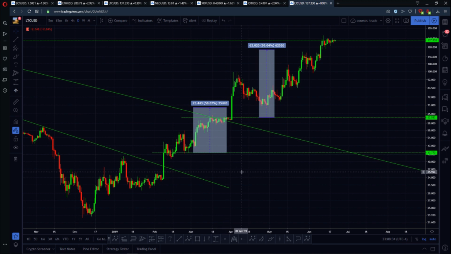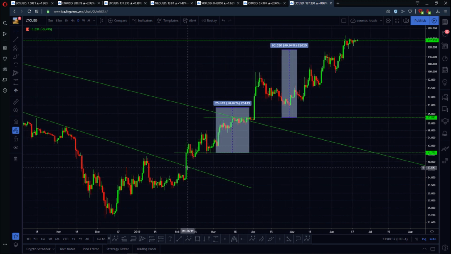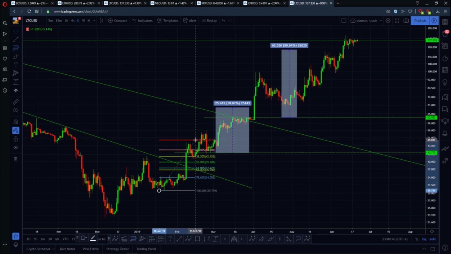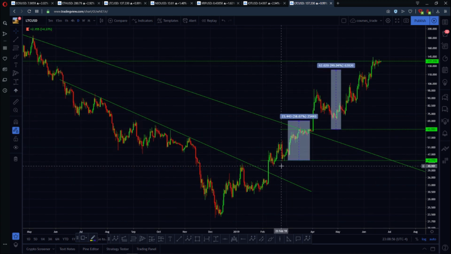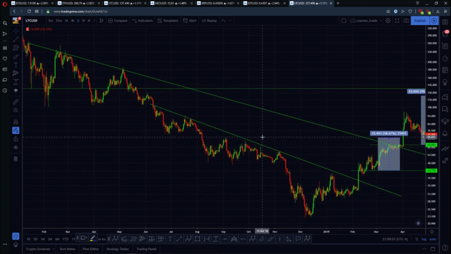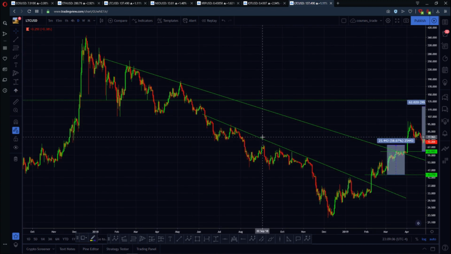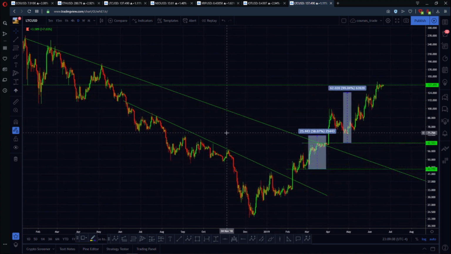So generally what I do is, as soon as I get this break right here, we're gonna talk about the Fibonacci. I'm gonna use the Fibonacci for an example, and then try to enter anywhere here. But generally, when we talk about how to get very precise entry and exit, I'm gonna show you this, and I promise you'll be able to understand it, because I'm gonna be very detailed about it. That's one example.